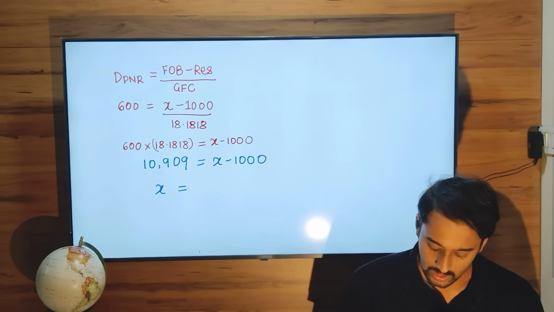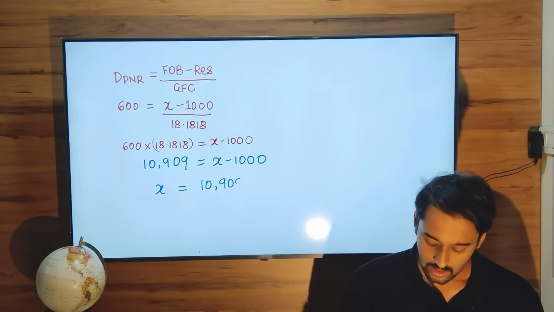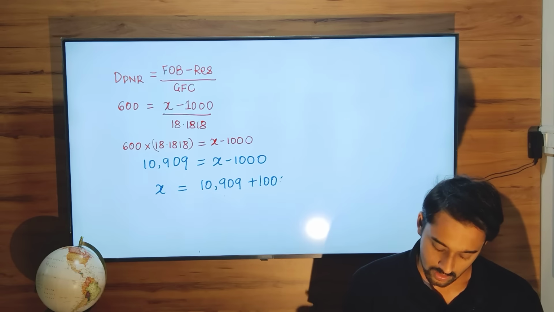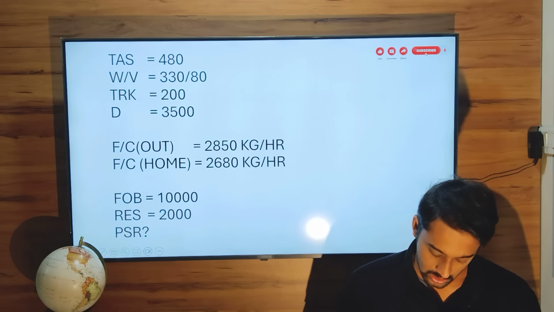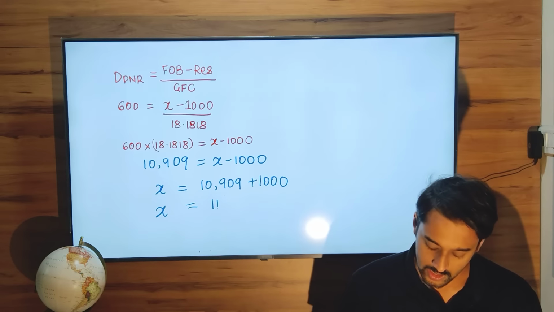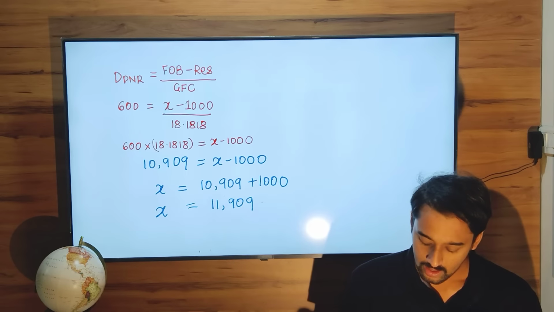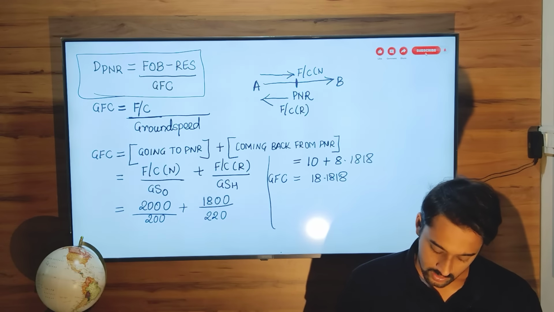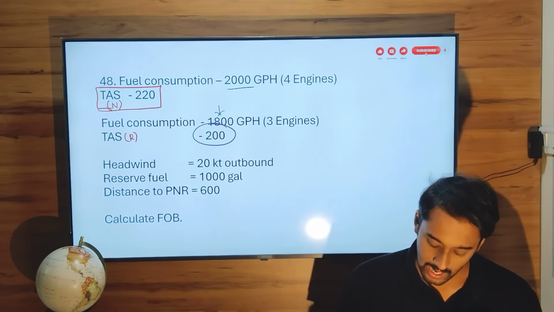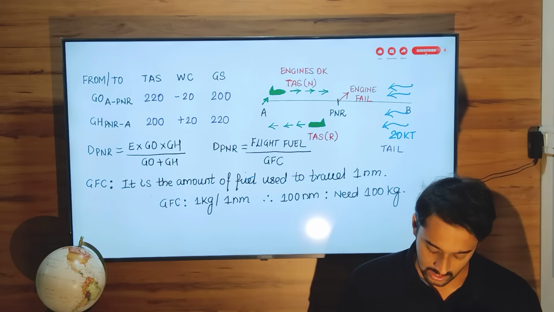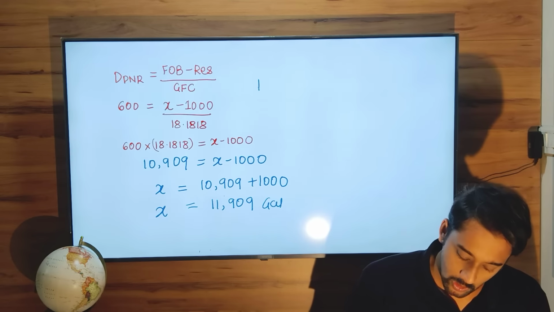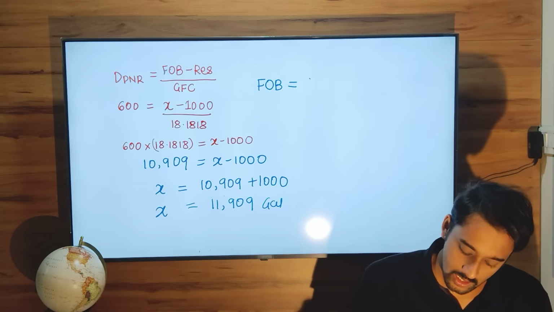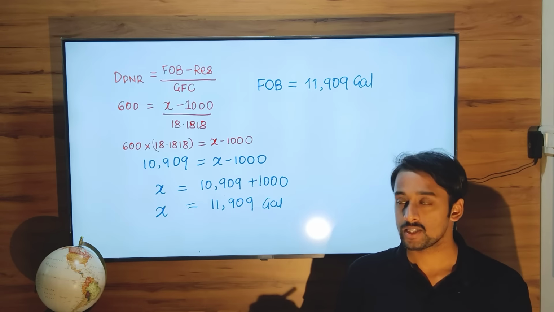So X is equal to 10,909 plus 1000. X is equal to 11,909, which is how much? Gallons. So the final answer will be in gallons. So total fuel on board is 11,909 gallons. This is the final answer.